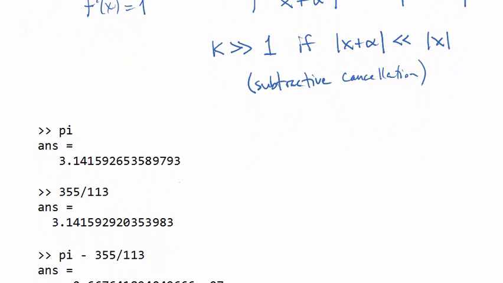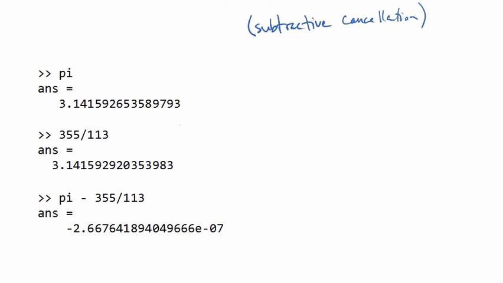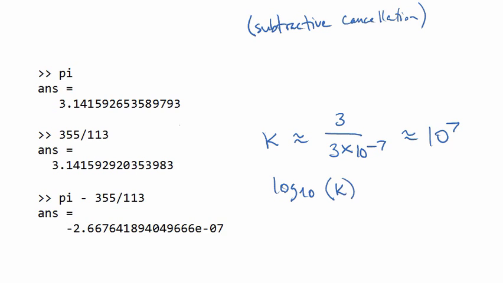So to go back to our example for a third time with pi and the approximation to pi, what we find, right, is that kappa is about 3, right, that's pi, divided by more or less 3 times 10 to the minus 7. So it's about 10 to the 7. So if you take the log in base 10, it's roughly 7, and that's the number of significant digits that we lost.